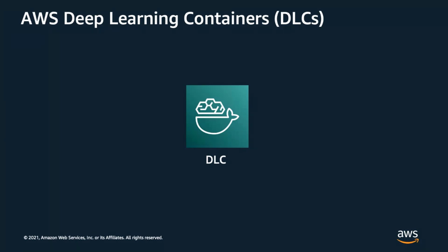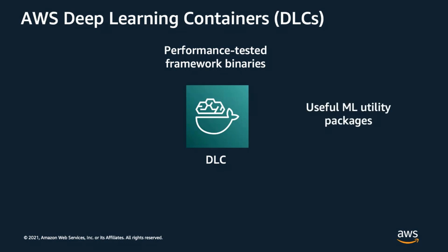Let's talk a little bit about some of the advantages of using DLC at a high level. So DLCs are equipped with performance-tested framework binaries. They also come with some pretty useful machine learning utility packages. We also provide recent framework versions across TensorFlow, PyTorch, and MXNet.